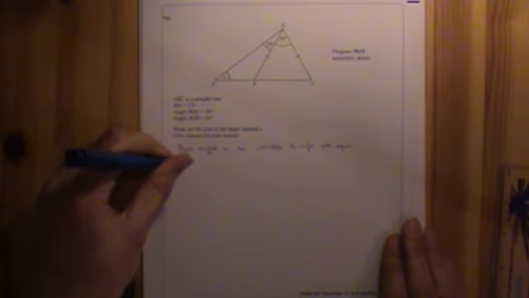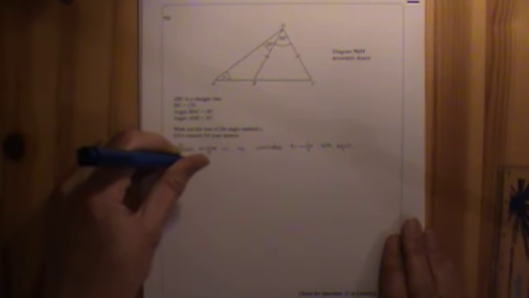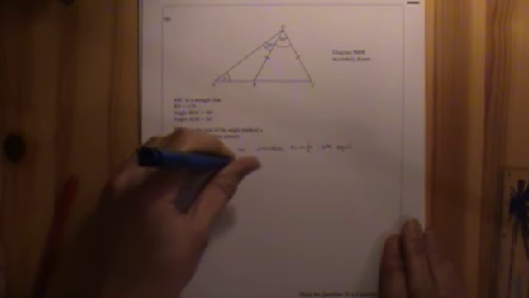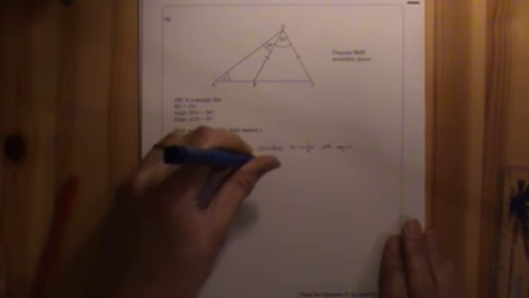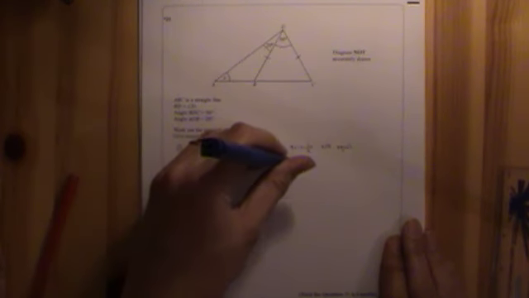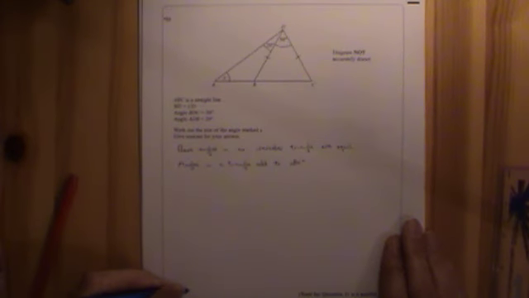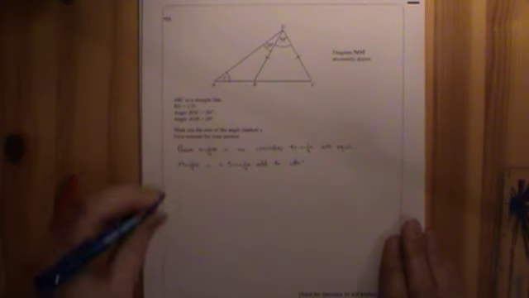And obviously we know that the angles in a triangle add to 180 degrees. So let's work out the missing angle DBC.